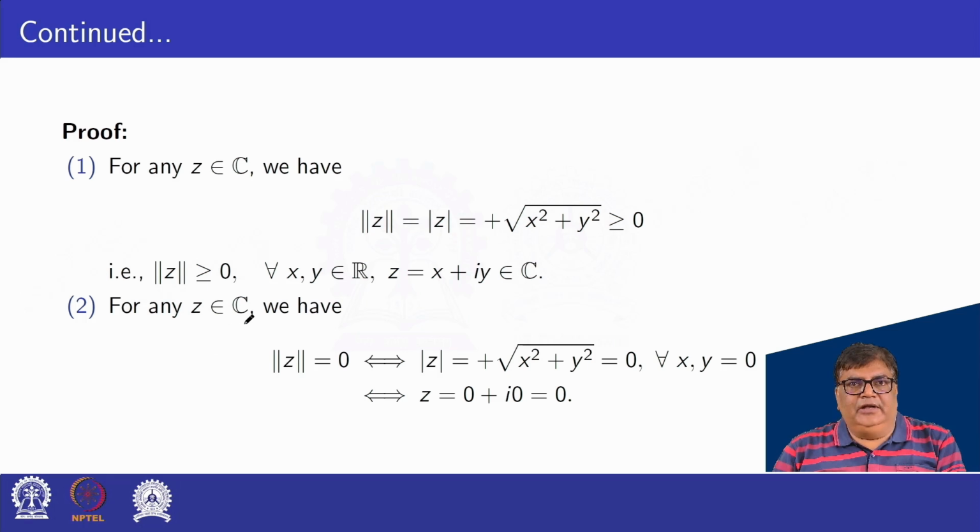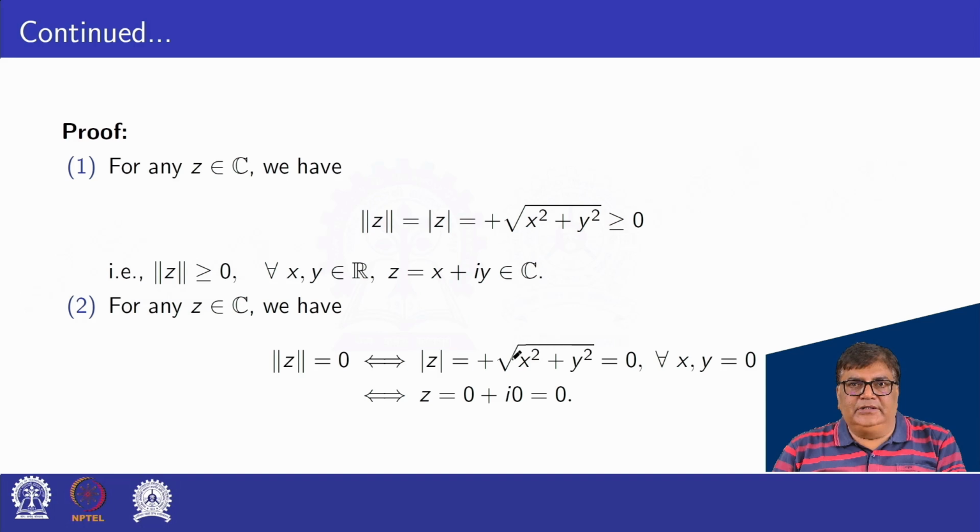For any Z belonging to C, we have norm Z equal to 0. Norm Z is defined by mod Z. It means norm Z is equal to 0 if and only if mod Z is equal to 0, where mod Z is under root x square plus y square.